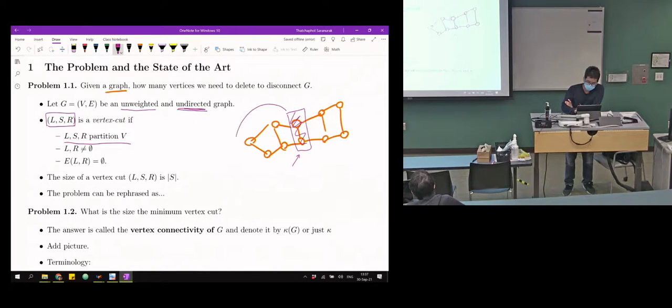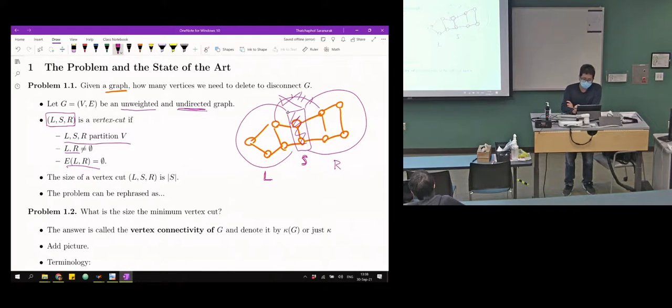Suppose something like this, and I call one side L, and the other side R, on the left and on the right, and something in the middle, which is the separator S. If both sides L and R are non-empty, and there is no edge between L and R, then we say that L, S, R is a vertex cut.